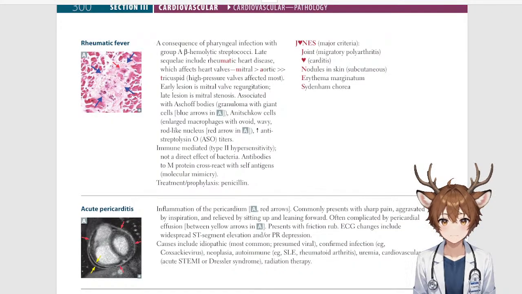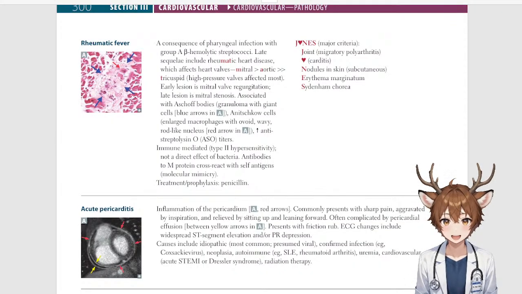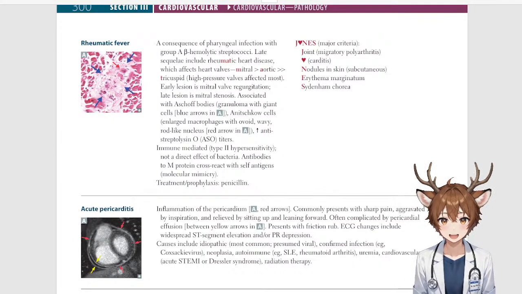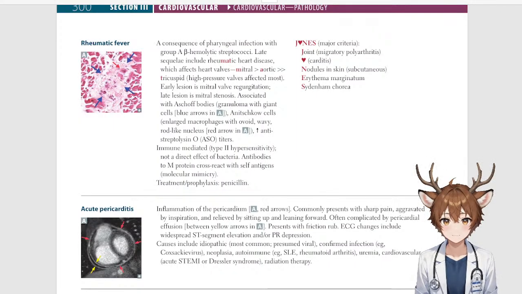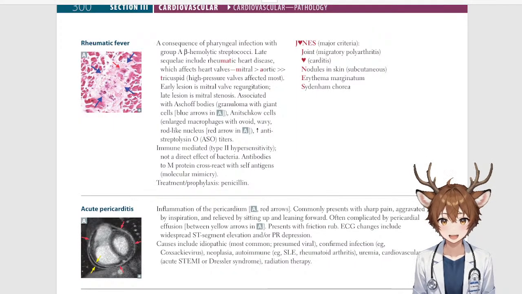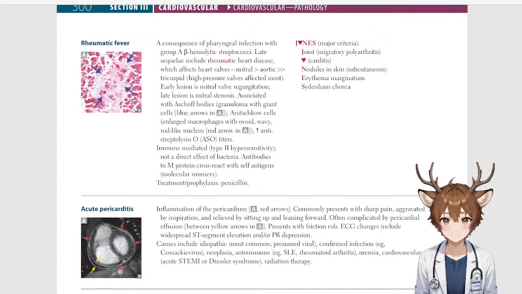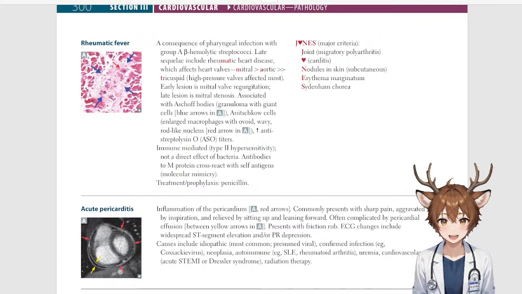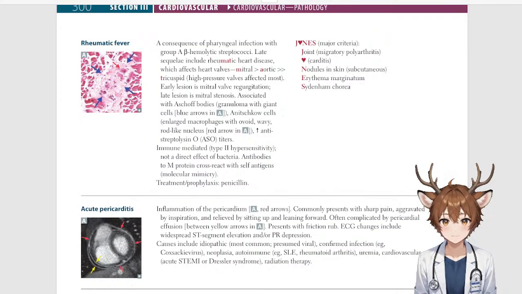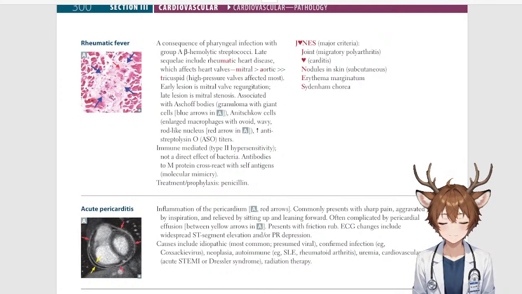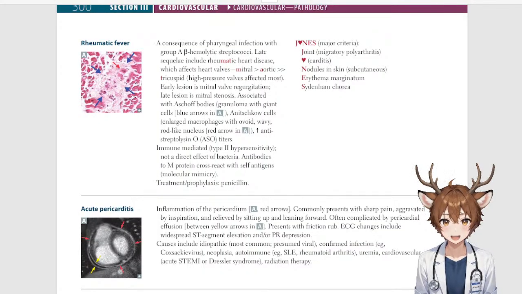Gram negatives, think HACEK organisms. Those are going to be Haemophilus, Aggregatibacter, which used to be called Actinobacillus, Cardiobacterium, Eikenella, and Kingella. So the gram negatives can cause this issue as well. Culture negative, think Coxiella and Bartonella.